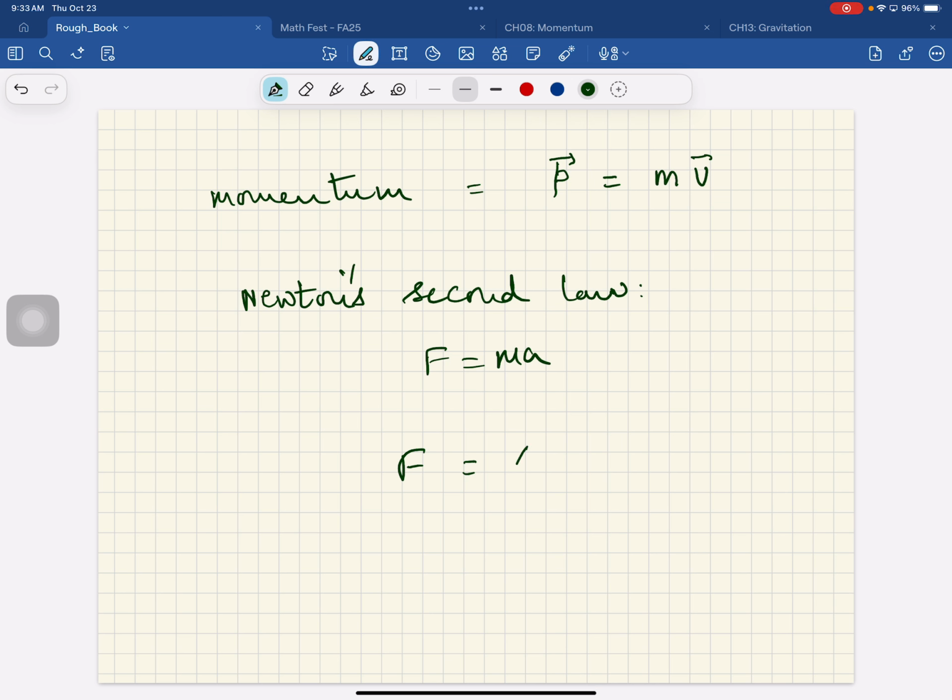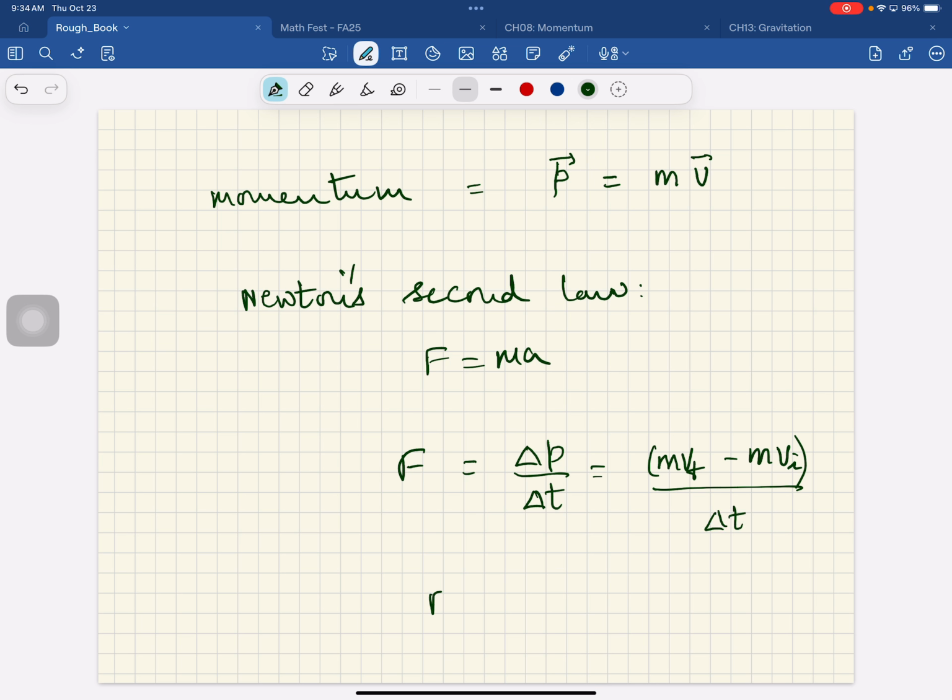Force is change in momentum, where this delta sign means change, divided by the time over which that change happens. The change in momentum means the quantity at a final point, mv final, minus mv initial, divided by delta t.